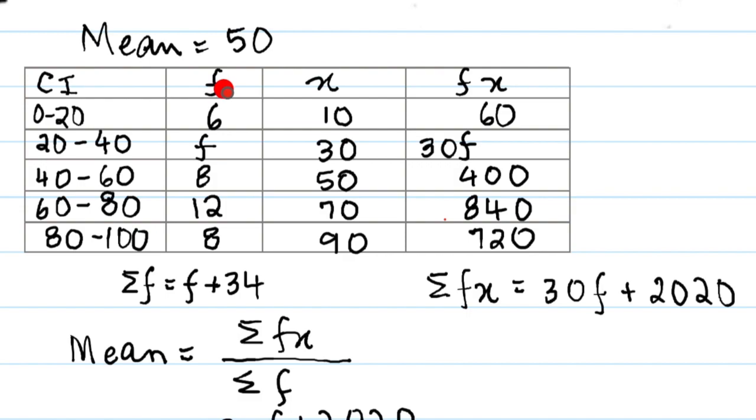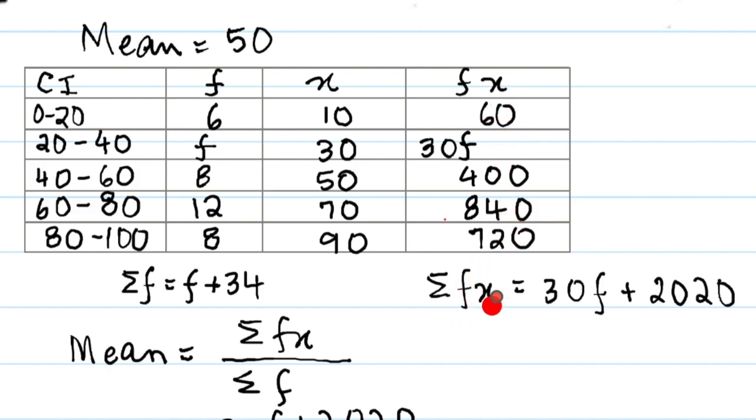So we have f value here, x value here, and we find fx, that is 6 into 10, 60, f into 30, 30f, 8 into 50, that is 400, 12 7s 84, so 840, 8 into 90, that is 720, and then we add fx.